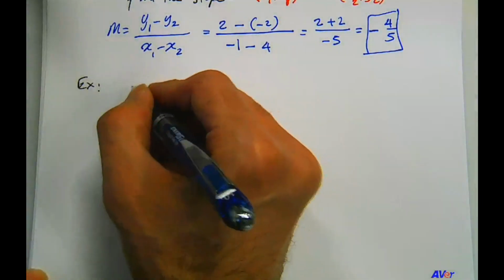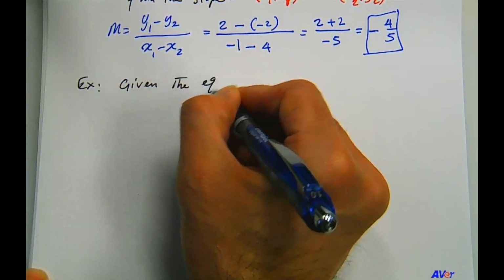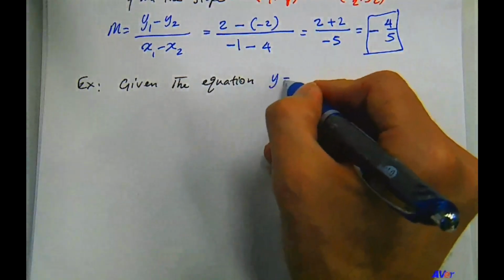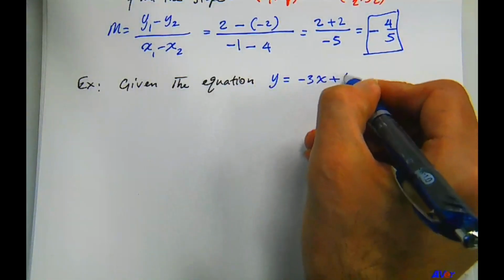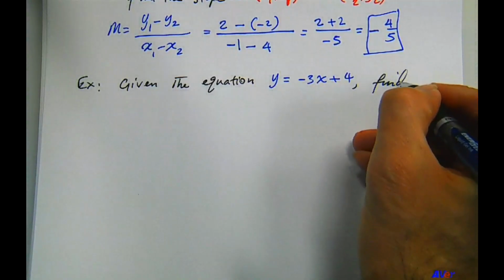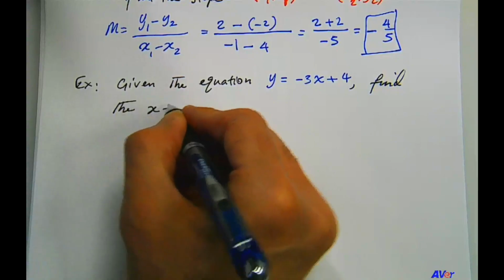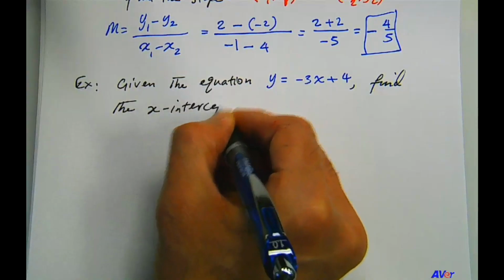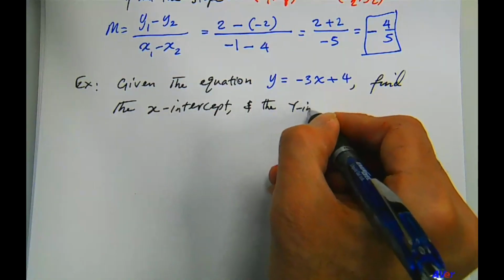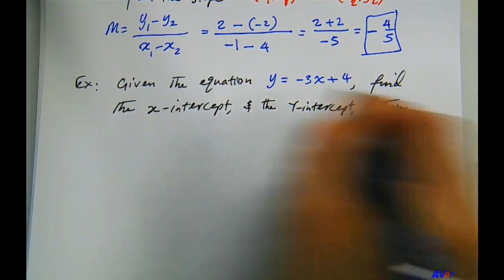Okay, suppose then we have an equation. Given the equation y equals minus 3x plus 4, we want to find the x-intercept and the y-intercept, and then graph the equation.